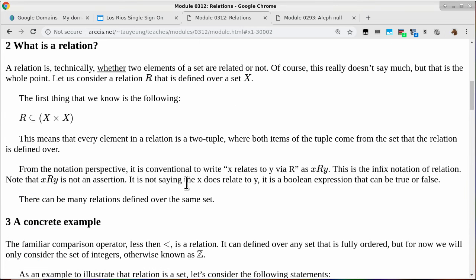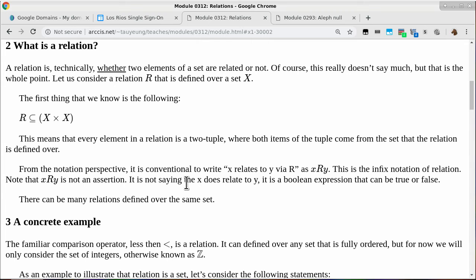All right, so we want to explain what a relation is. A relation is basically a subset of the Cartesian product of a set with itself. So it's not a function, okay? The first thing you need to remember is even though it seems like a function, it is not a function, because a relation relates elements of the same set to something of the same set.